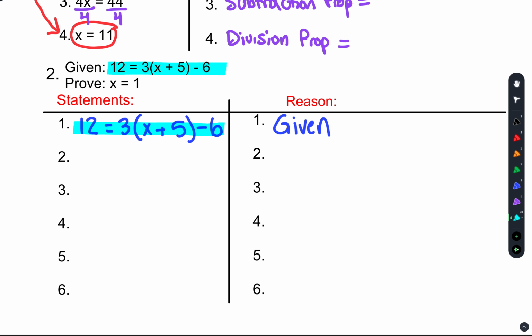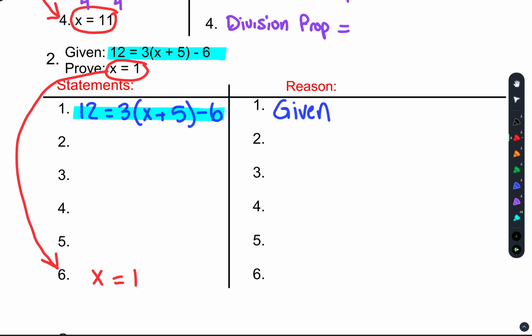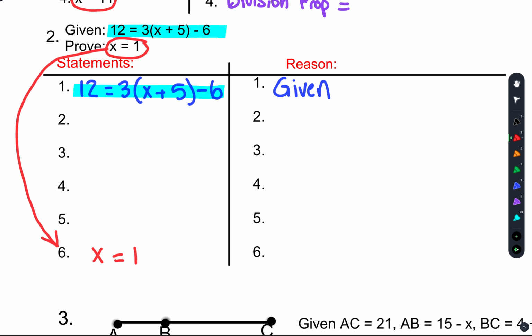My other freebie is that I know my prove statement is going to go in my last spot. X equals 1. I don't exactly know why it's there yet. I don't have a reason, but I can definitely put that statement there.